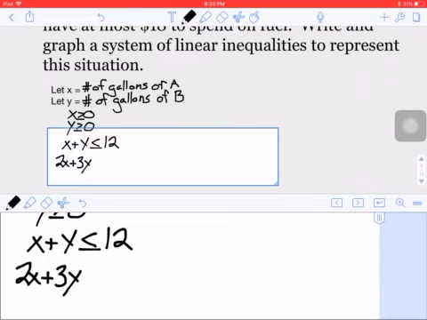And at most we have $18 to spend. Hopefully you spend less than that, so that way maybe you can get a bag of chips or something, or maybe a drink from the cooler. You want to say 2x plus 3y is less than or equal to 18.